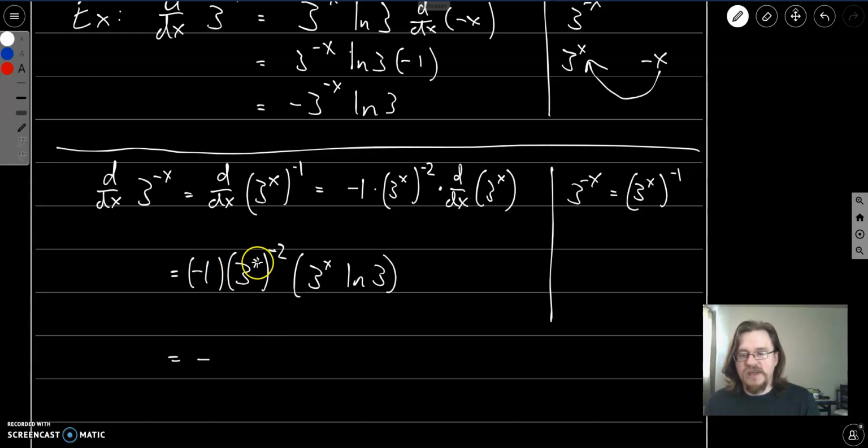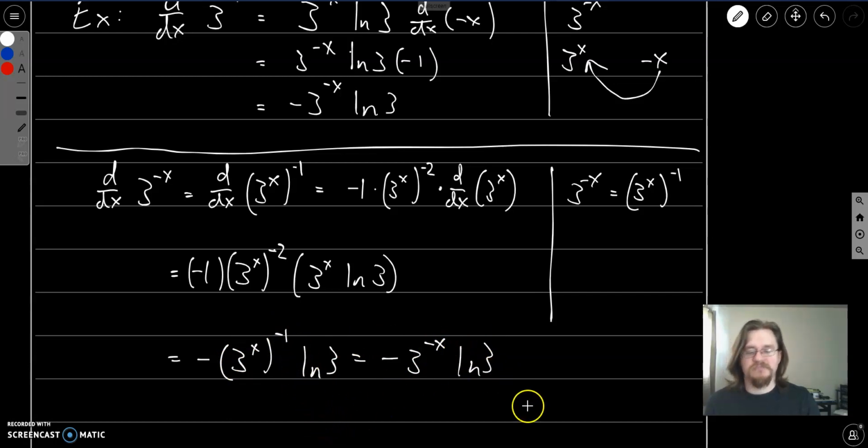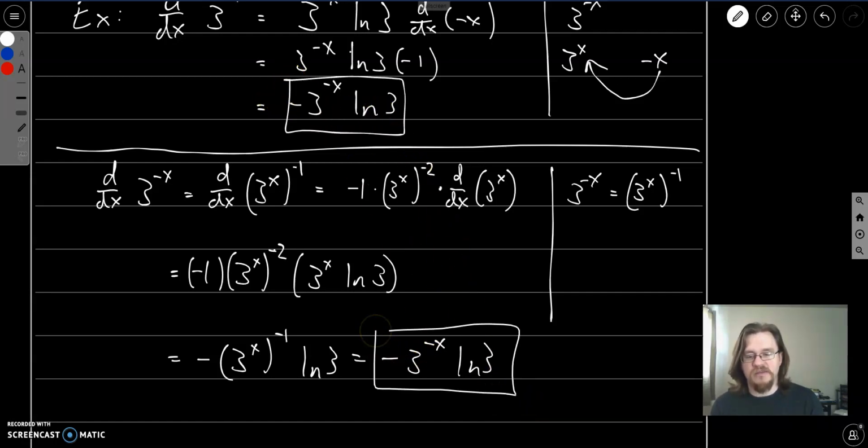I have 3 to the x to the negative 2 times a 3 to the x, and this is going to be 3 to the x to the negative 1. I've got negative 2 copies over here, 1 copy over there. When we combine them, we get negative 1 copies. All this times the natural log of 3. Simplifying this, we get negative 1, 3 to the x to the negative 1, and then times the natural log of 3. So we get the same thing both ways, but I think this top way is probably a little bit easier.